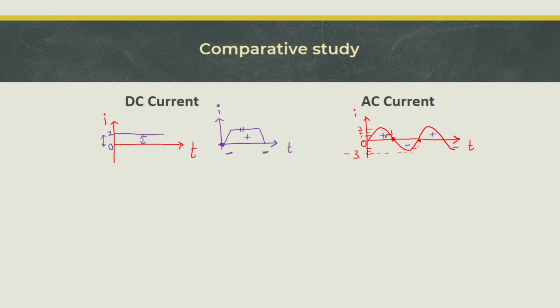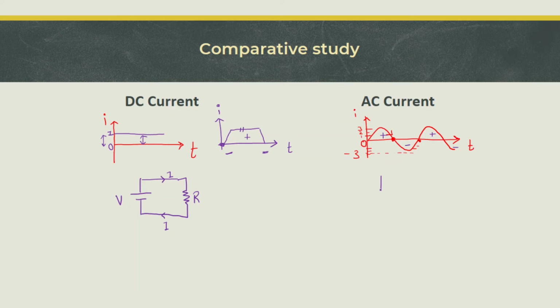So I hope you all understood the basic difference between AC and DC. Now let us try and understand with respect to the circuit diagram. So if we have a DC source having potential V and it is connected to a resistor, then the current I flows from higher potential to lower potential in this case.